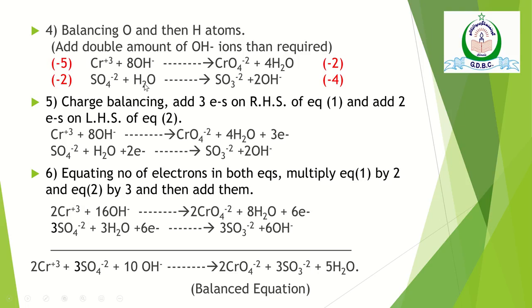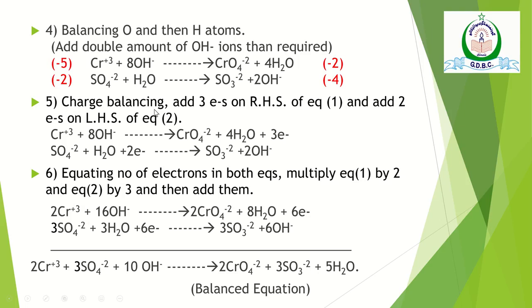So altogether 4 plus 1, 5 oxygen atoms on the reactant hand side. Here we have 5 oxygen, 3 plus 2, oxygen atoms. Now these two equations are balanced in terms of atoms other than oxygen as well as in terms of oxygen and hydrogen atoms.